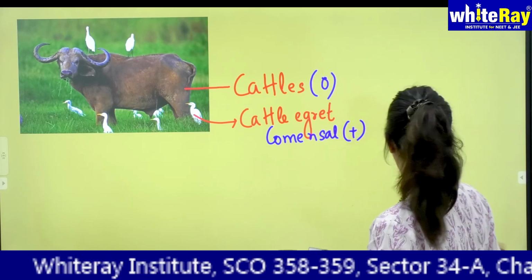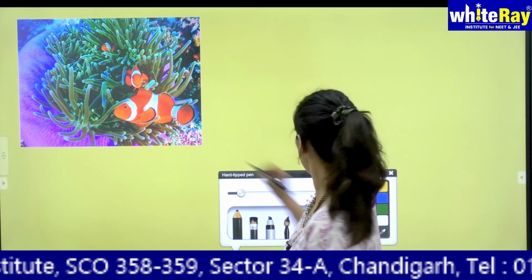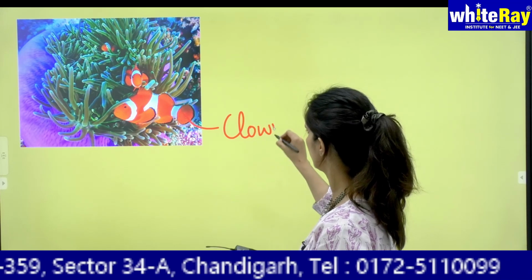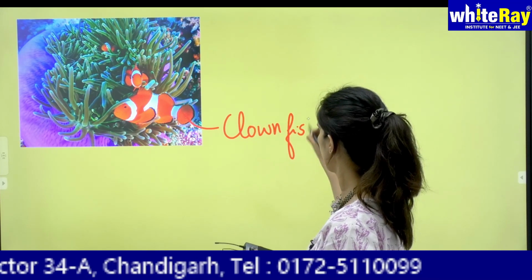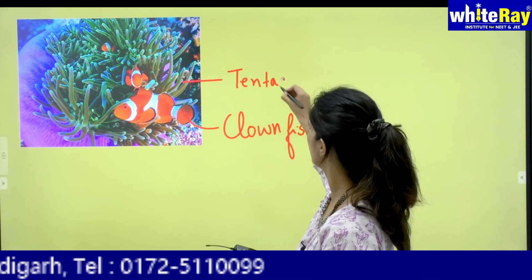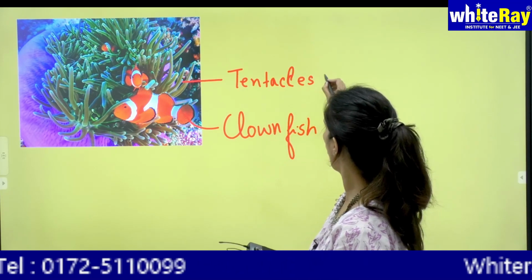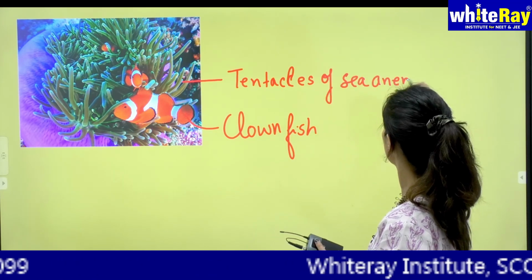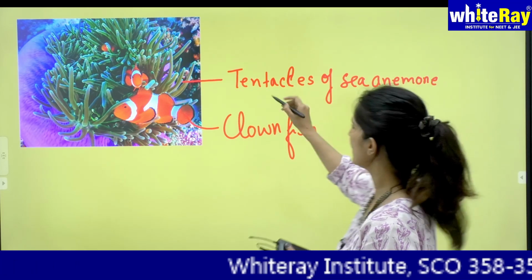Okay. And the last example that I give you of commensalism is where the clownfish lives in the tentacles of sea anemone. These tentacles are poisonous.